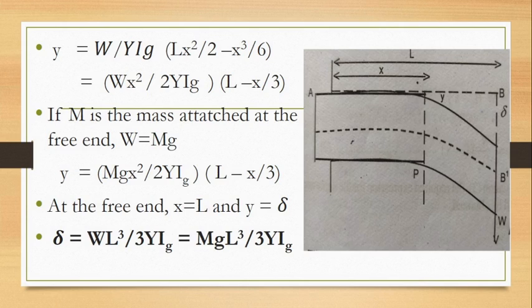Don't confuse the letters y and delta. y represents the depression at each point and delta represents the entire depression at the free end. So we got the expression for the depression of a cantilever which is loaded at the free end. That is delta is equal to mgL cube by 3YIg.